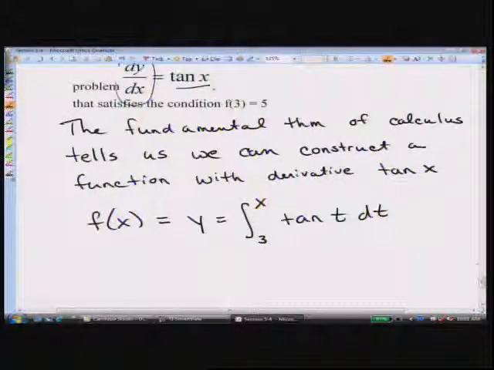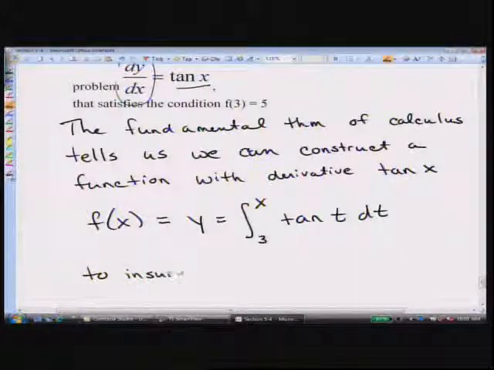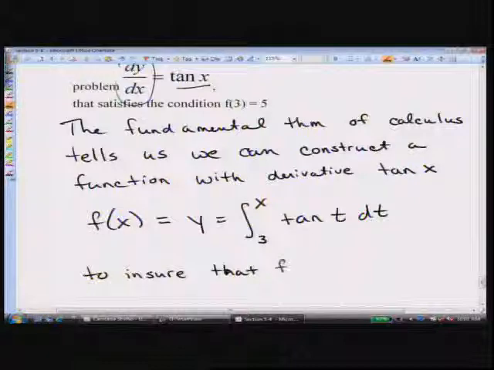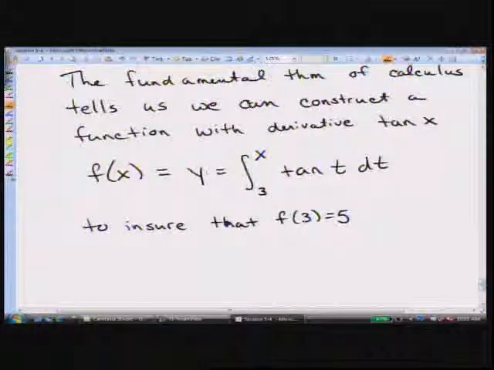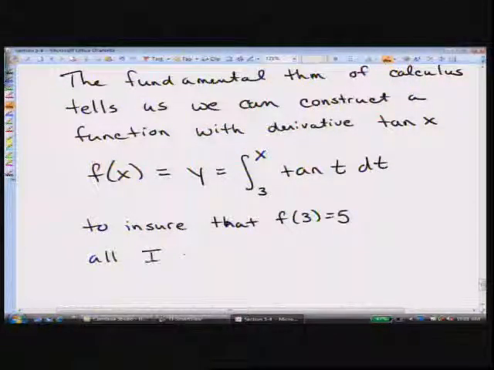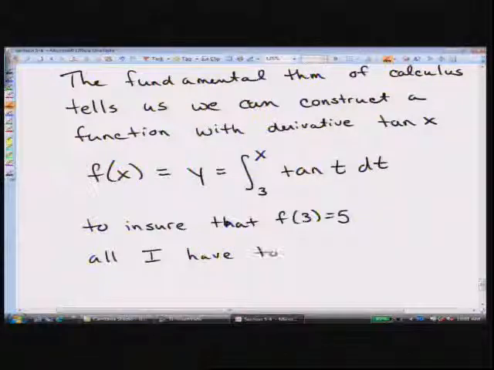Okay, now what do we have to make sure? That has to equal 5, right? To ensure that f of 3 equals 5, all I have to do is add 5 to this function.